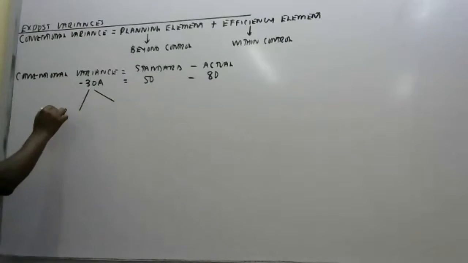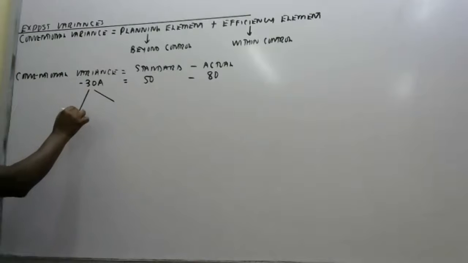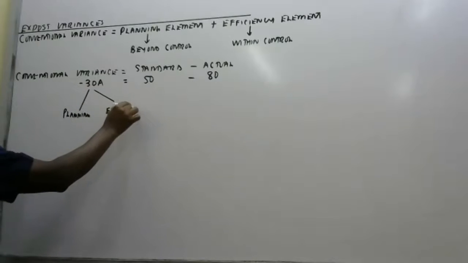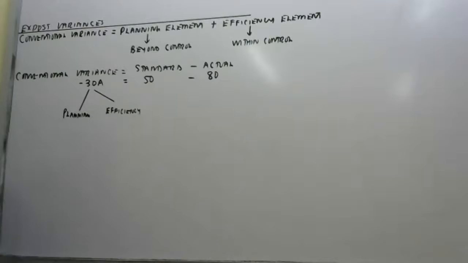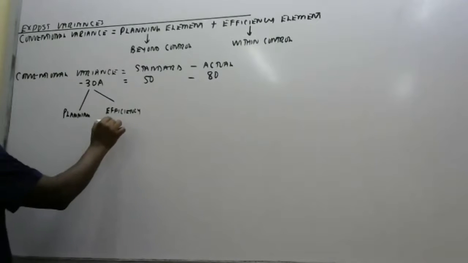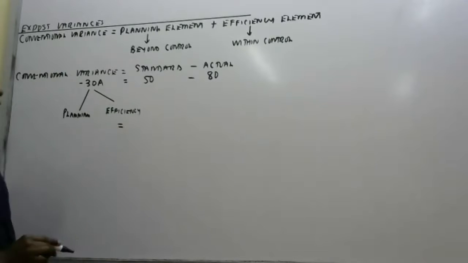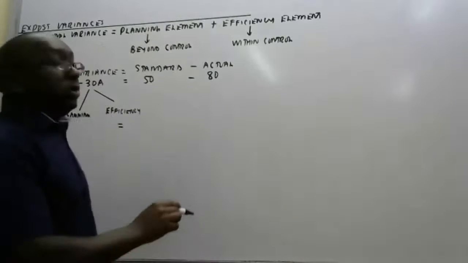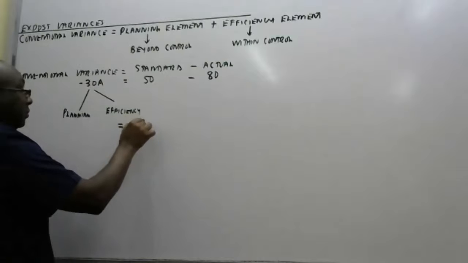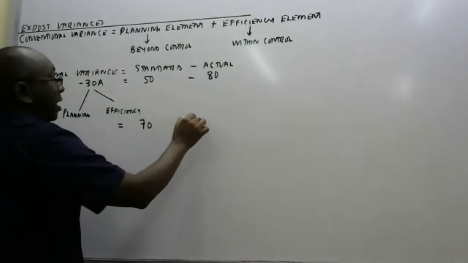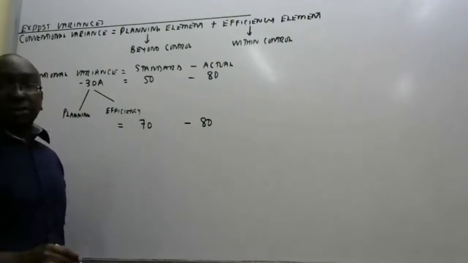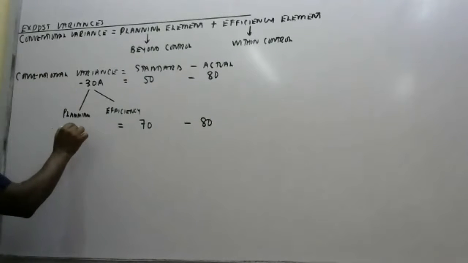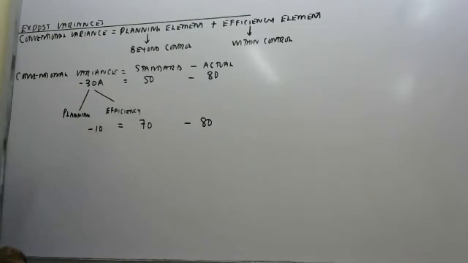The planning and the efficiency. Where we will say, if we knew there would be rain, maybe we would have expected to pay 70. So when we finally went home and got 80, then we reported a variance of 10.